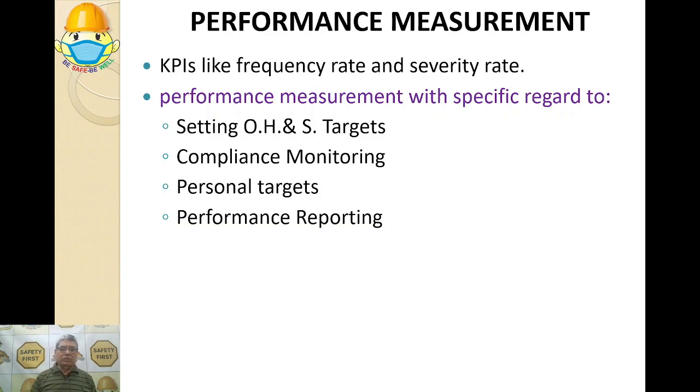So you are going to set a standard for targets, then for how you are going to do the compliance monitoring. For that again you have to create a standard, then a standard for the personal targets, and a standard for performance reporting.